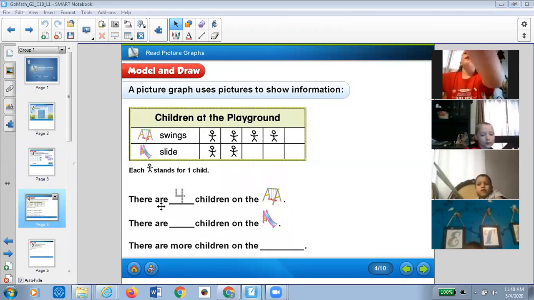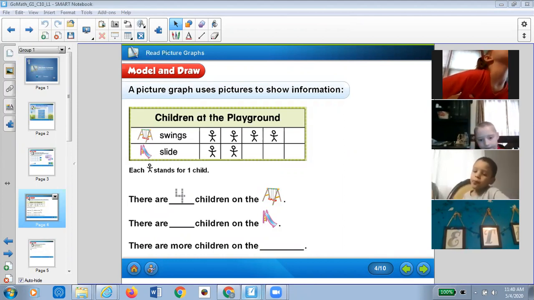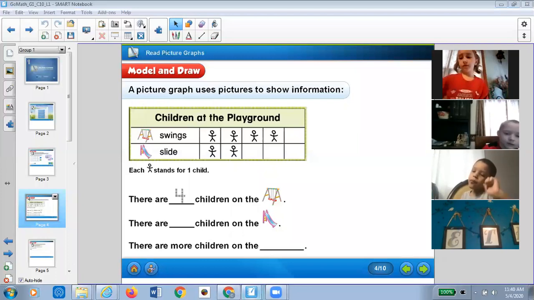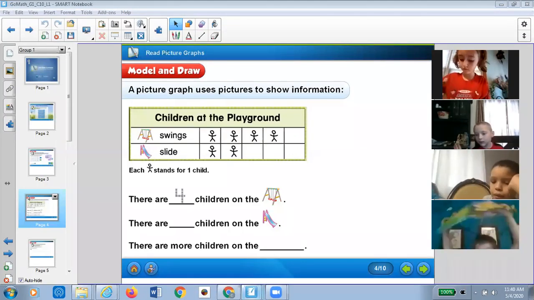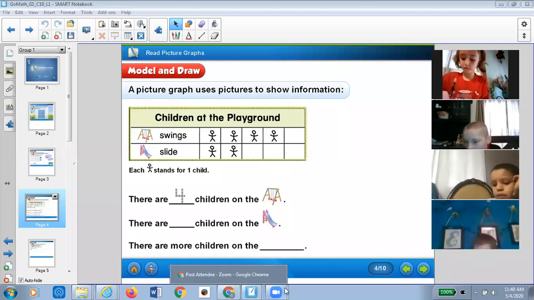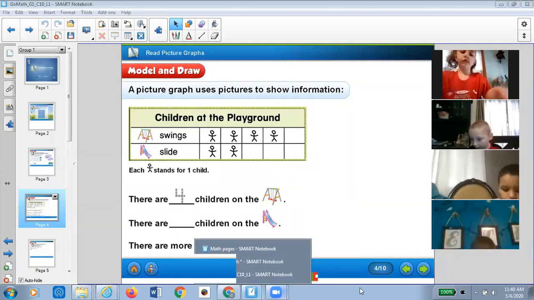Some of these questions are in your book, so if you do want to follow along, this one is on page 576. And I'll type that in your chat. So if you want to be working on it while we work on it on the board, you can turn to page 576. It's in your chapter 10 math book, 576.